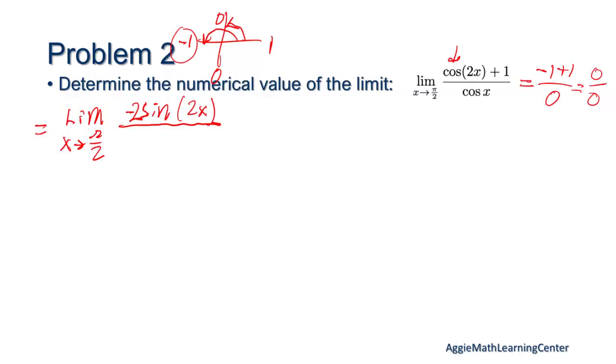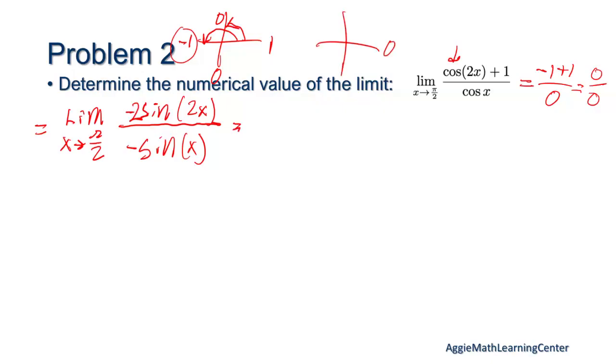Okay, and then the derivative of the bottom is cosine of x, so no chain rule, just a simple derivative of cosine. That's going to be negative sine as well. Awesome. Now that we've taken the derivative of the top and the derivative of the bottom, let's see if the limit evaluates. Now we have sine.